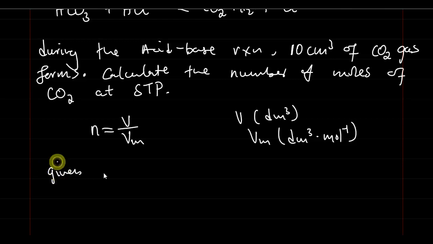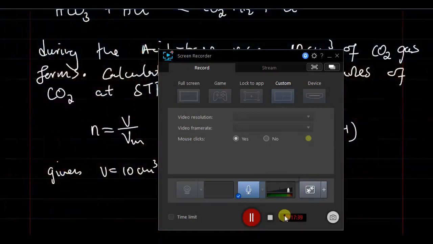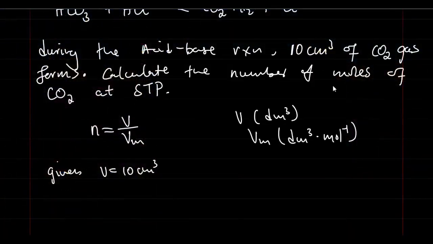We are given that the volume is 10 cubic centimeters. But remember, our volume must be in dm cubed, decimeter cubed. Because it must be in decimeter cubed, we must convert it. So we say the volume divided by 1000, multiplied by 1 dm cubed, so it's 1 dm cubed divided by 1000 cubic centimeters.